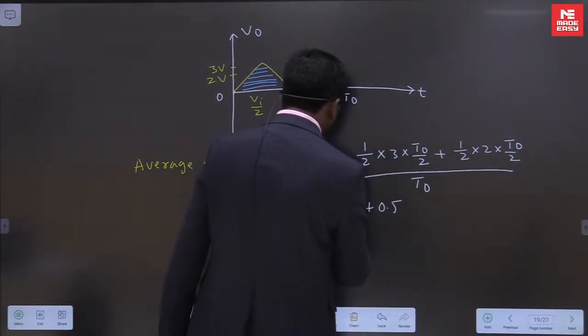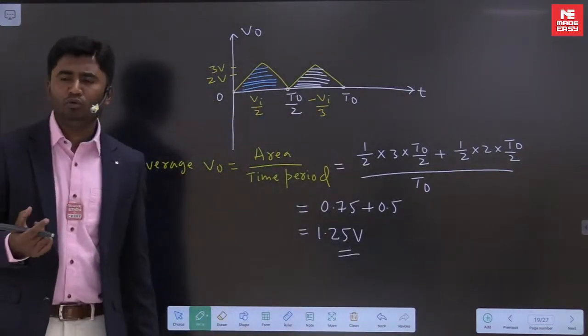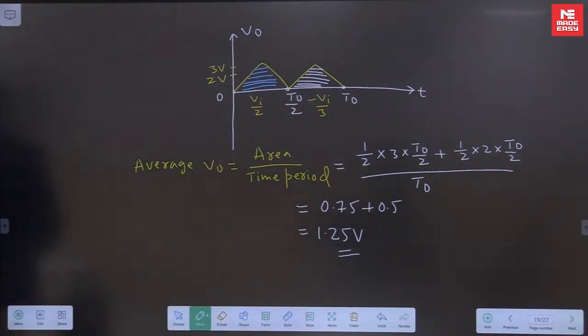So answer is 1.25 volt. Answer is 1.25 volt. Yes, I have got answers from almost all of you. Kumar, Nikhil, Shruti, Arun, Shivam, Kush, Venkatesh, Ankita, Shishir, Dinesh, Kusum and Bashir. Yes beta, answer is 1.25.